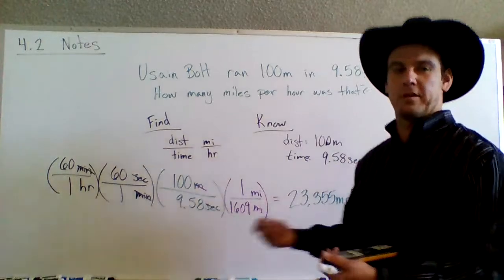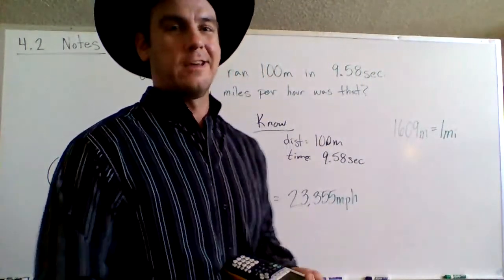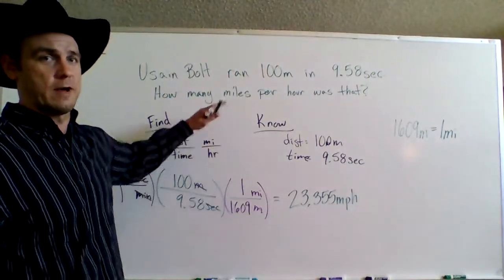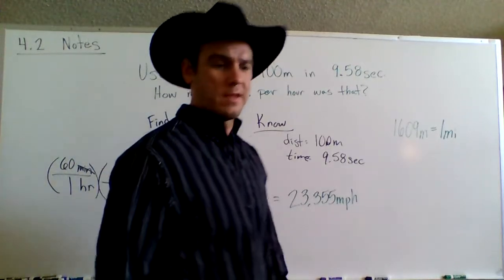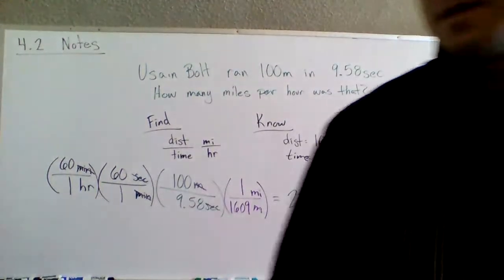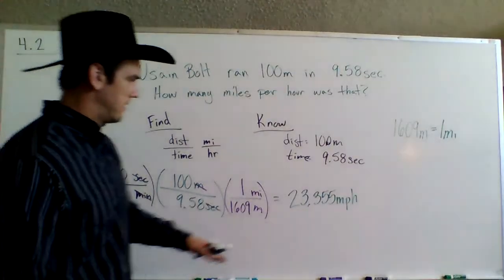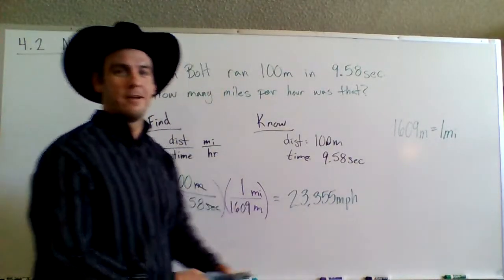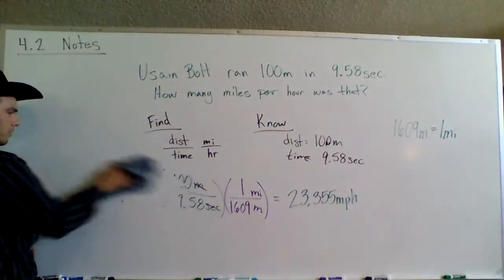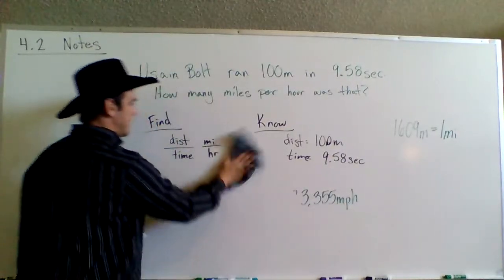Okay, you can write your answer as MPH. It's just when you're doing your calculations, you're going to want to always have it as a fraction, miles divided by hours. That's pretty fast. I don't think I could go that fast. What was the sloth again? Wasn't that like 0.15 miles per hour? Woo-wee! All right.